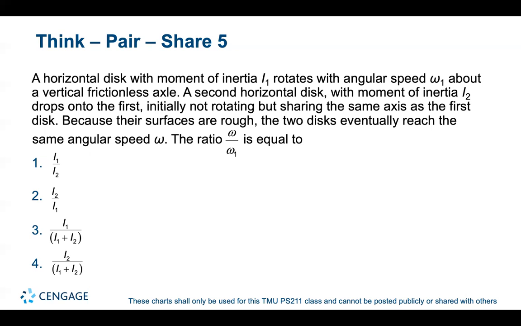The ratio omega over omega1 is equal to, and the answer is L1 over the quantity L1 plus L2. And so applying conservation of angular momentum to the system, the two disks before and after the disk is added, we get the result L1 omega1 equals the quantity L1 plus L2 times omega.